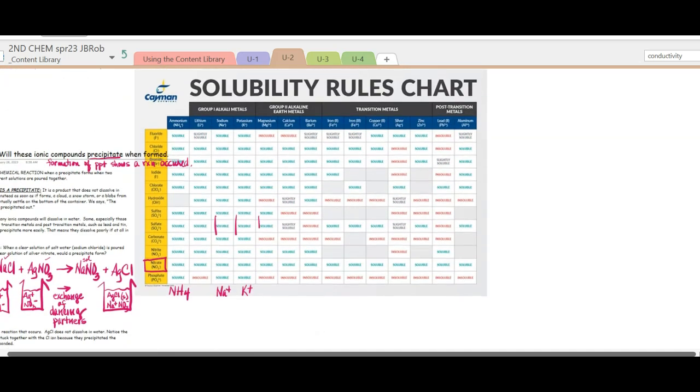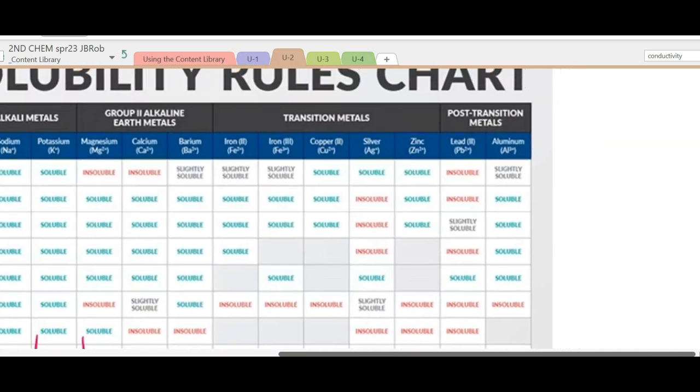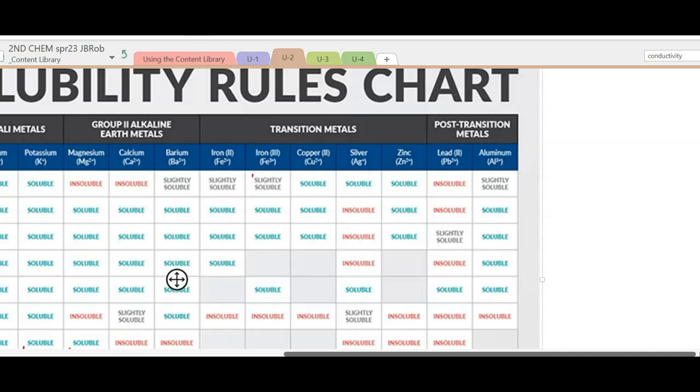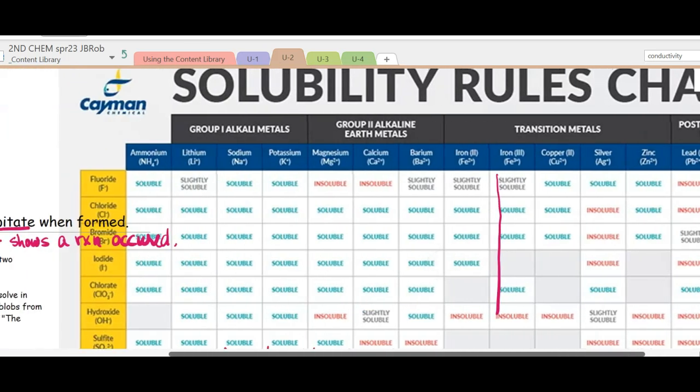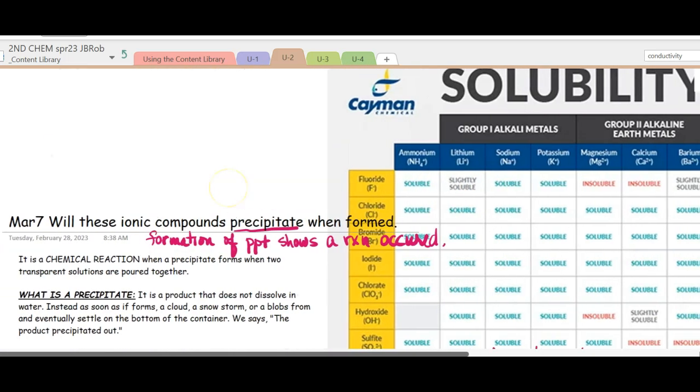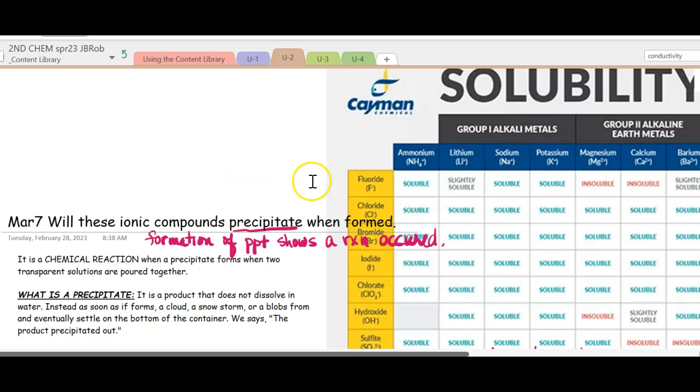Let's find iron. Here's iron. All right, let's go find hydroxide. Here's hydroxide. So iron hydroxide is insoluble. We're up here with iron, we come down and then go across to hydroxide. So that would be a precipitate.